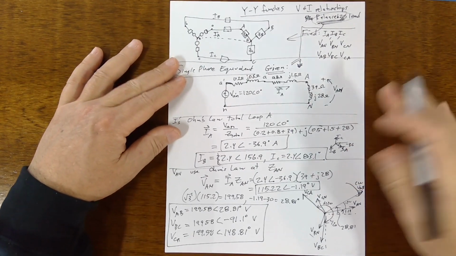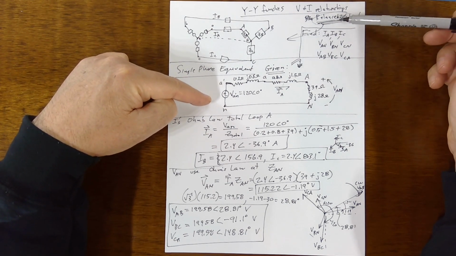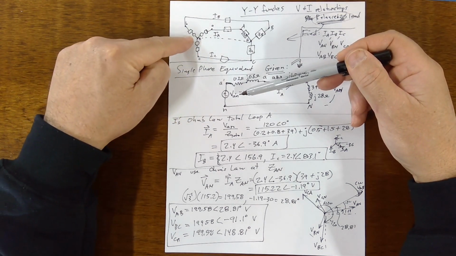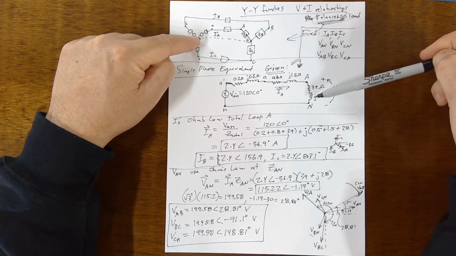Okay, sorry about the little messiness, but let's just go through this here. You're given this single phase equivalent. You're told that it's balanced, and you're given the source voltage for one phase and the impedances for one phase.